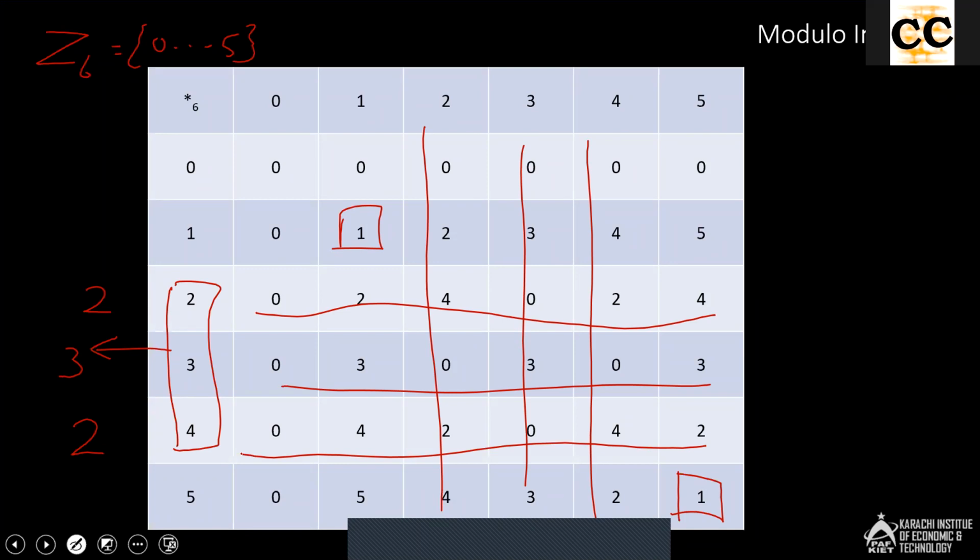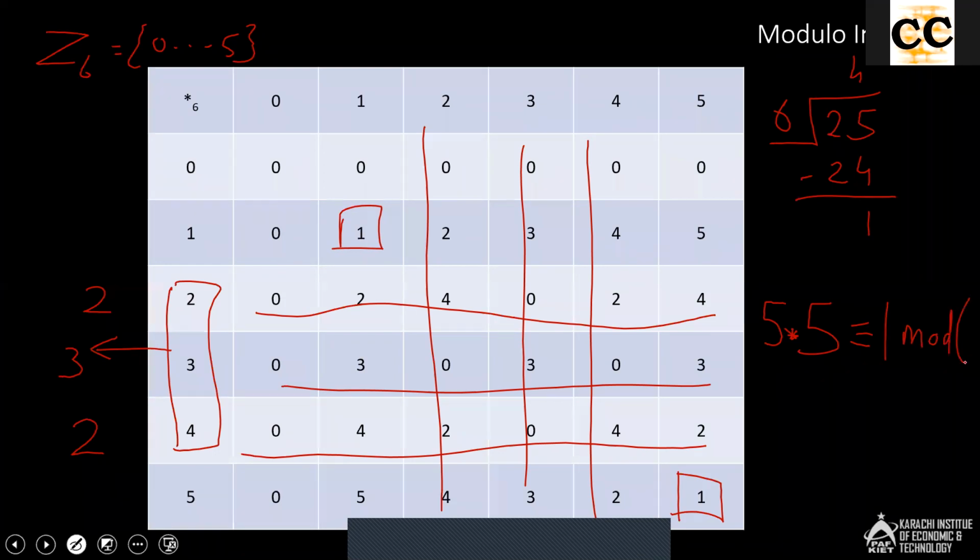Whereas 5 and 6 are relatively prime to each other, and you can see that 5 multiplied by 5 is 25, and when we take the remainder of it with 6, you get the answer 1. And so, therefore 5 has a multiplicative inverse, which is 5 itself. So here's the multiplication in mod 6.